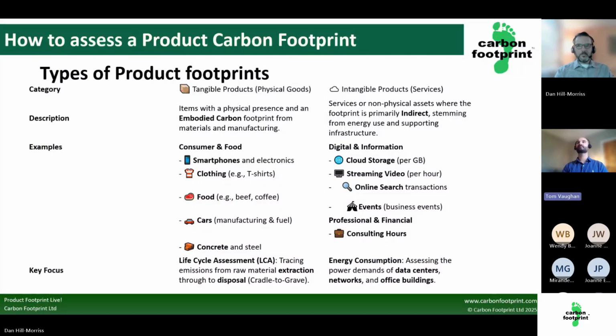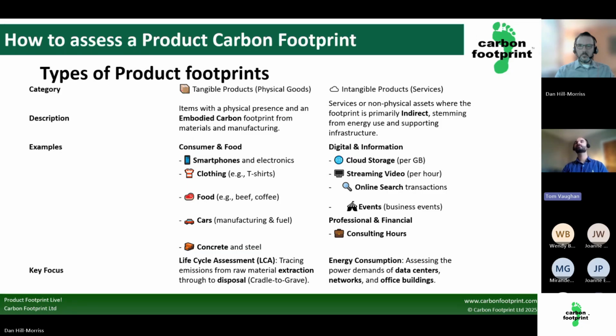And these are more looking at the emissions associated with extracting materials, using them and disposing of them. But you can also assess intangible products and services. So, for example, cloud storage, or if it's more consultancy based, there are ways of assessing the energy consumption required. So if you're using data centers or video calling, you can still assess the footprint. It's just in a slightly different way.